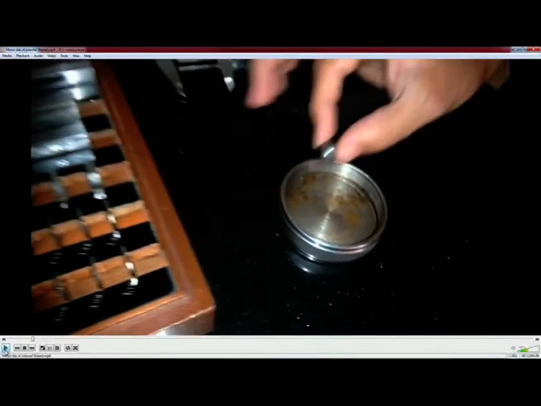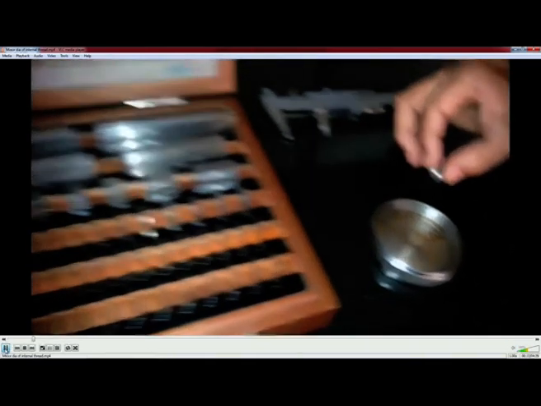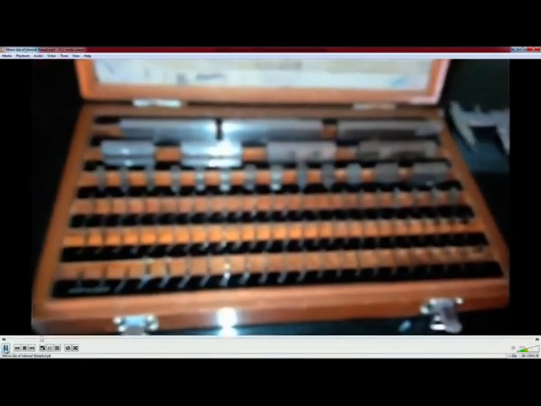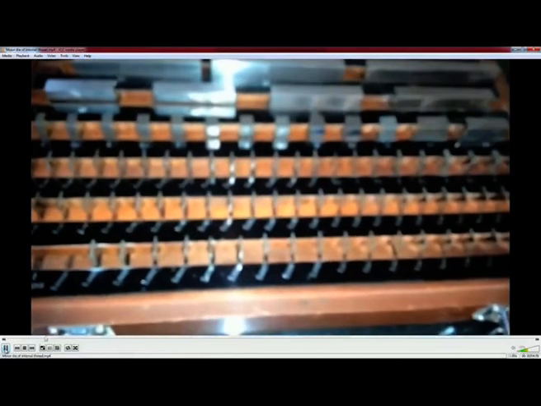Now, we are required to measure the minor diameter of the internal thread. For this, I am using two steel balls and a slip gauge box.